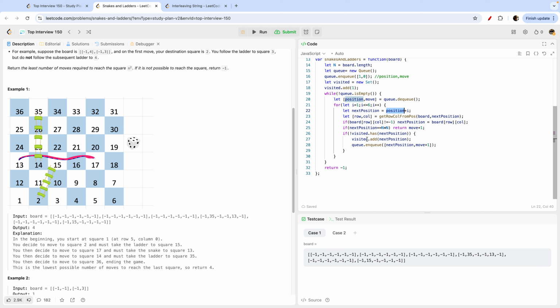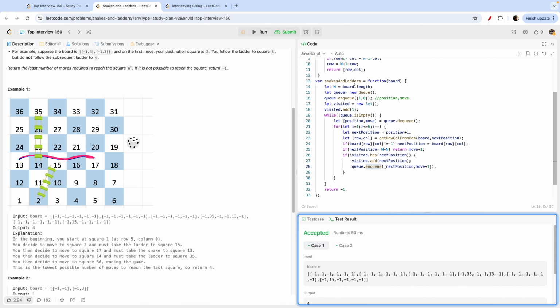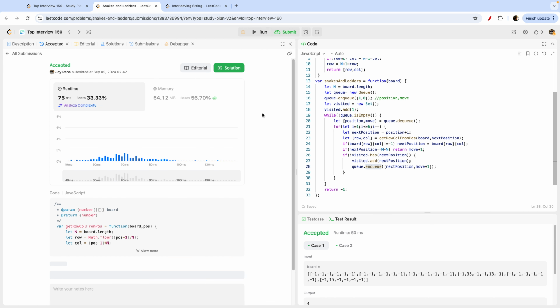Move plus 1, if visited next position, enqueue next position, move plus 1. Let's try to run it. Okay, we're passing.